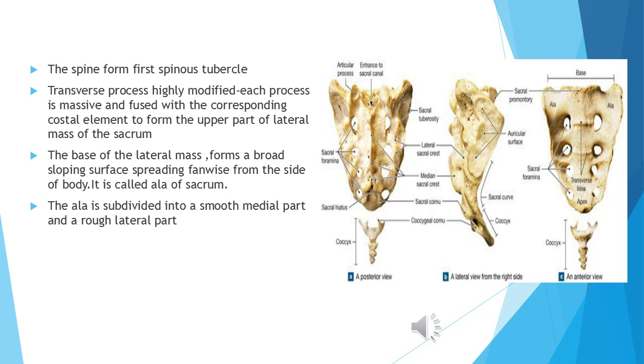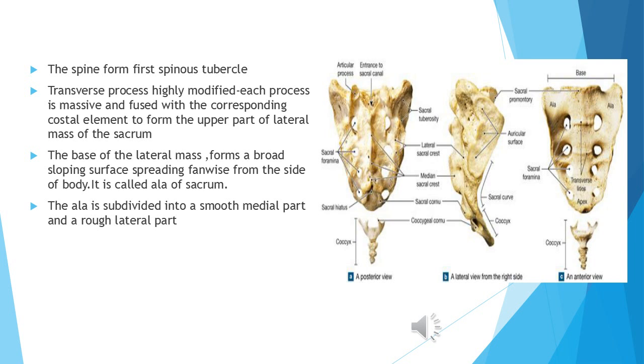Among this lateral mass, the base of the upper part is broad and spreads fan-wise. The base of the lateral mass, which forms a broad sloping surface spreading like a fan from the side of the body, you will call the ala of the sacrum.